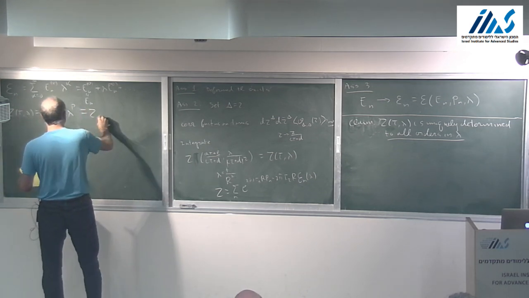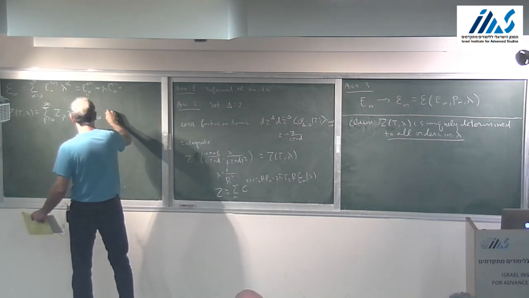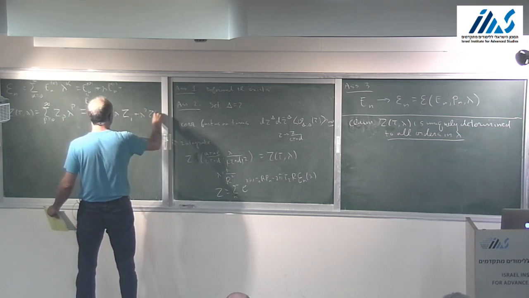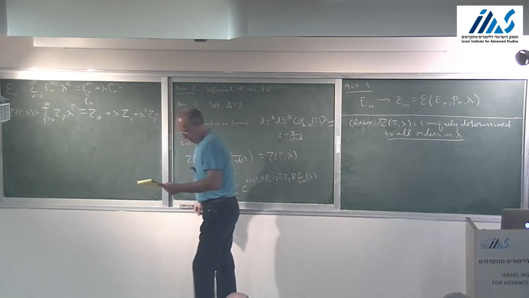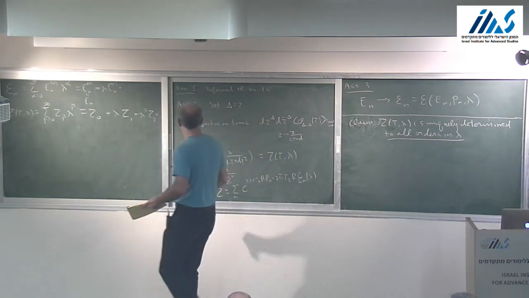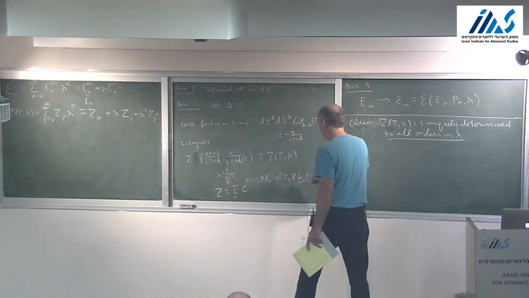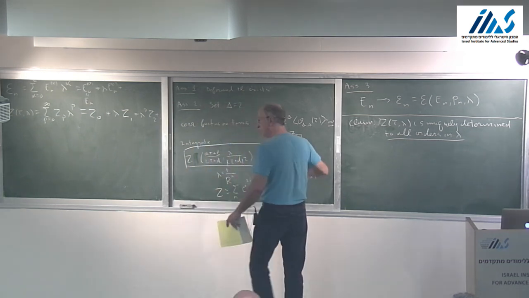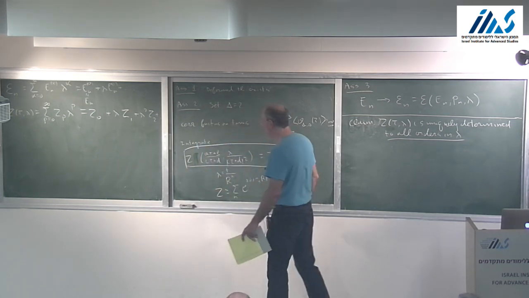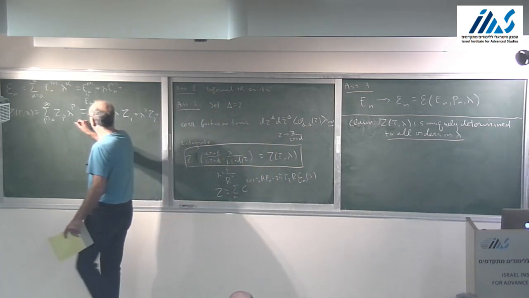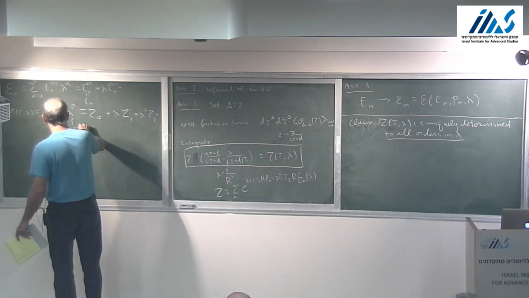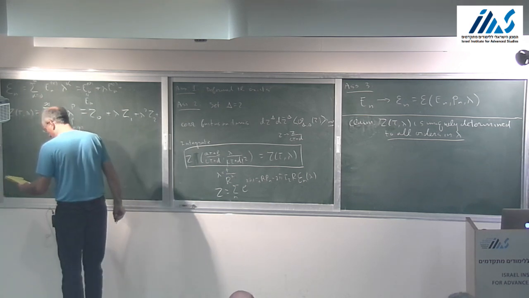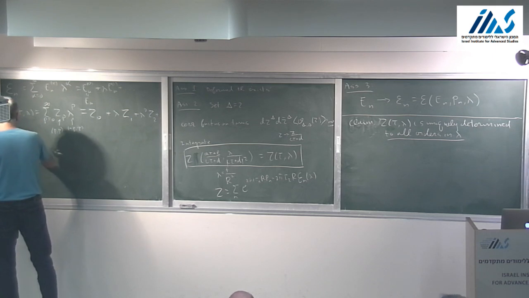We have a Z0, which is the partition sum of the original CFT, which is why I called it Z0 before, lambda Z1, lambda squared Z2, etc. Now, the fact that we have this modular property over here, so Z lambda transforms as a modular form of weight minus 1, minus 1. So this is a form of weight minus p, and so the Z_p's are weight p forms, so they satisfy some condition like this.